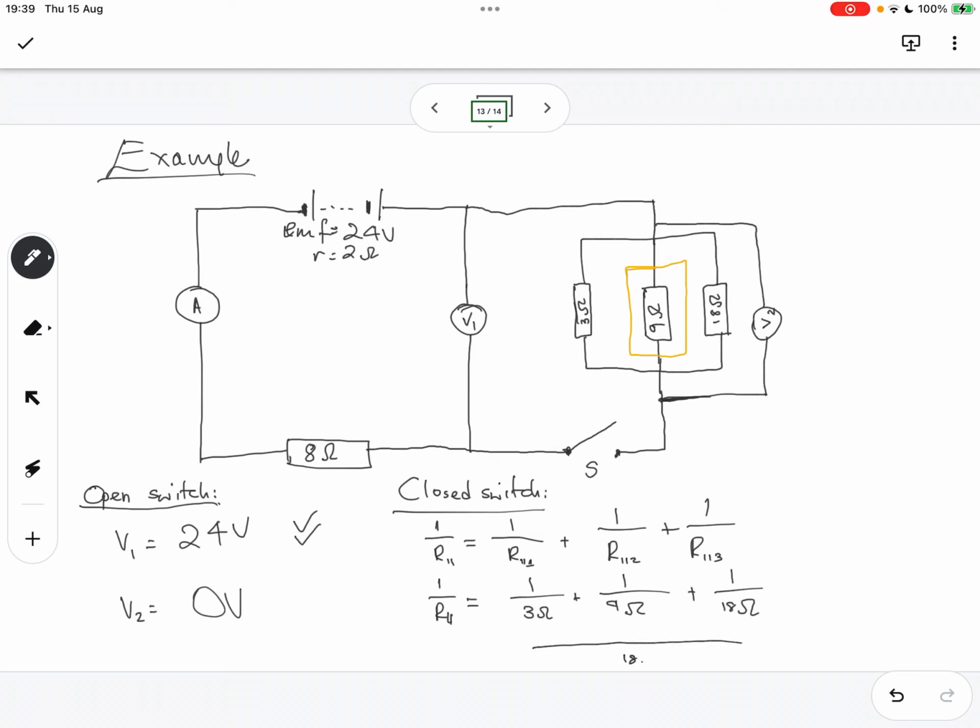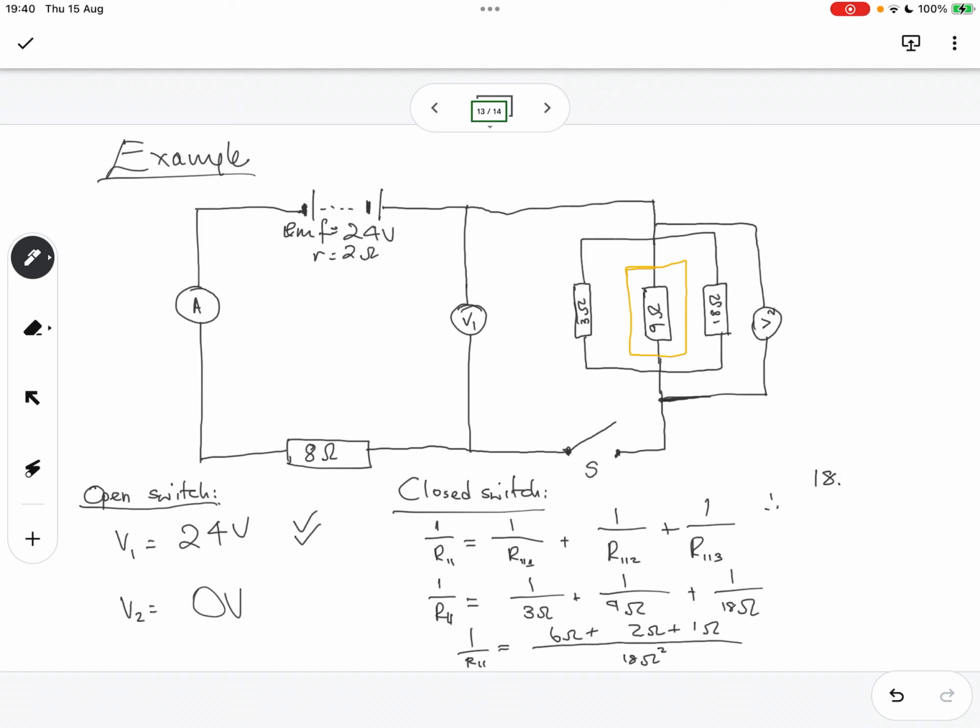And our lowest common denominator is 18. So 3 goes 6 times into 18, 6 times 1 is 6. 9 goes twice into 18, 2 times 1 is 2. And 18 goes once into 18, and 18 times 1 is 18.